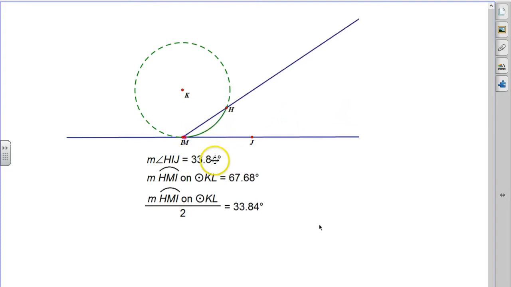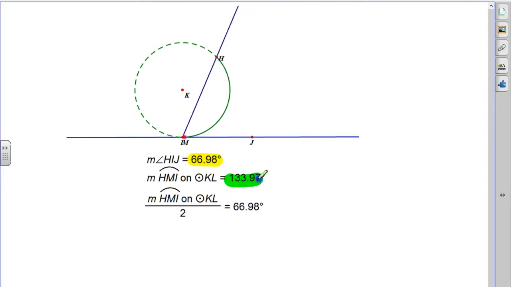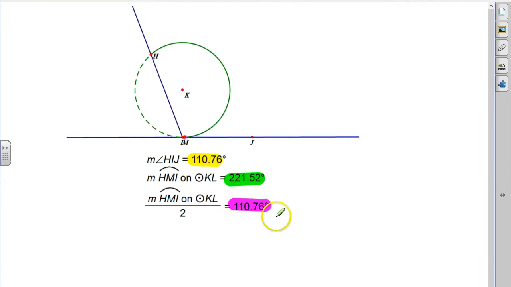Here's angle HIJ, and here's its arc. The angle is half of the arc. So this angle formed from here to here to here is half of the arc around the circle. It works that way every single time.